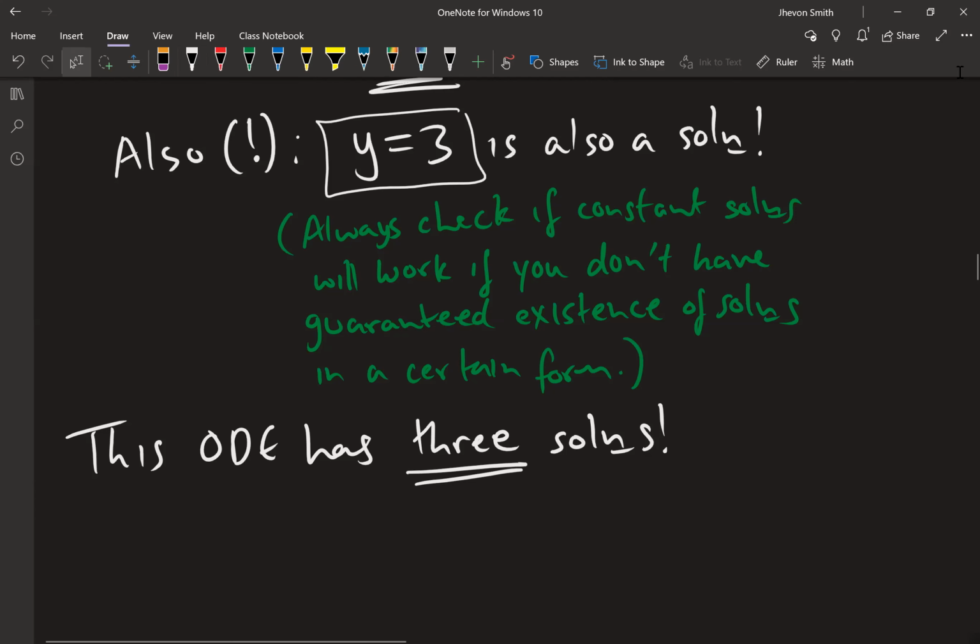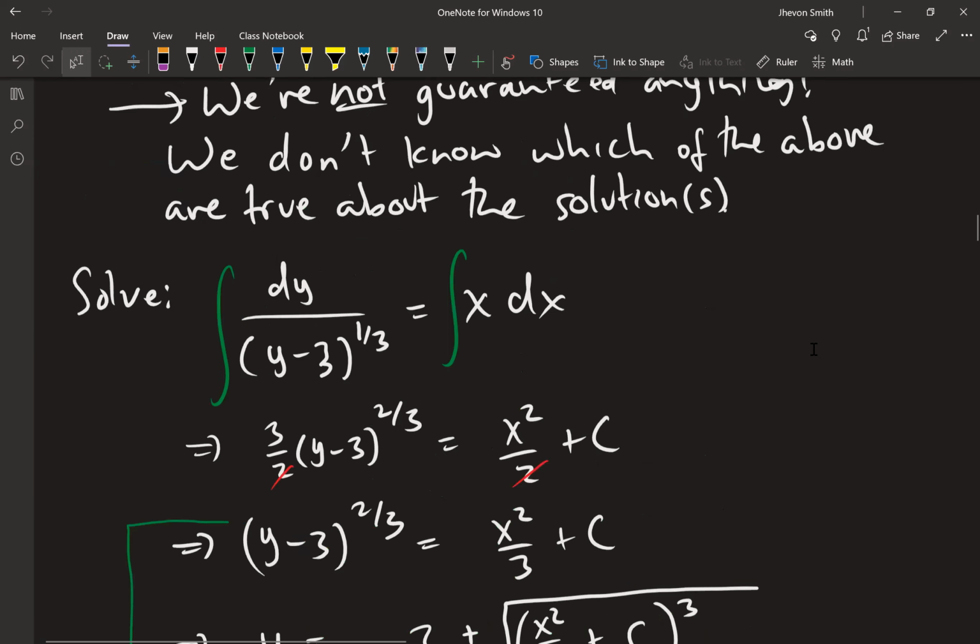And by the way, we weren't guaranteed any of them, right? So yeah, there's an example. Once either the function or the partial derivative with respect to y doesn't work out, then you're not really guaranteed anything. You don't know if there's a solution, if it's unique, if there's more than one, if there's infinitely many, if it's constant, if it's not constant, you don't know anything.